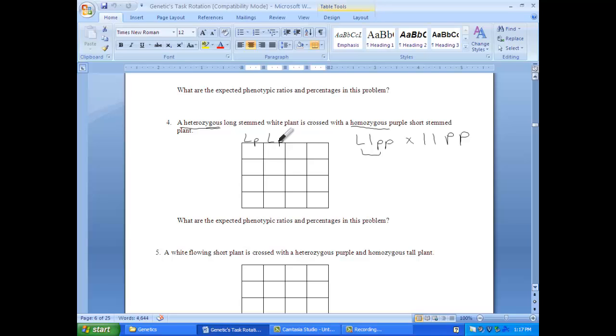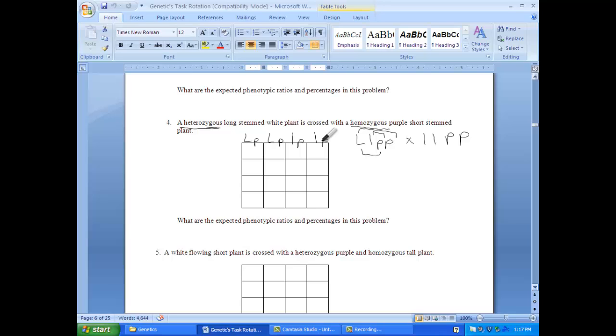The O is the outer L and the outer P. The I is the inner L and inner P, so it's going to be small l, small p. And the L is the last L and the last P, so again, it's going to be small l, small p.